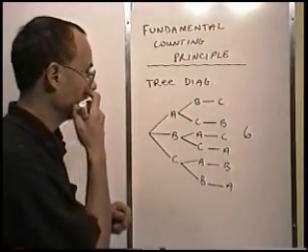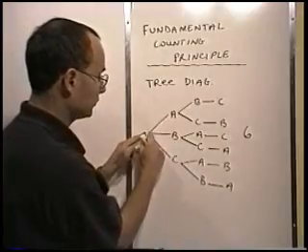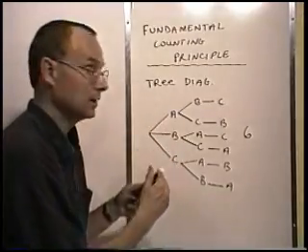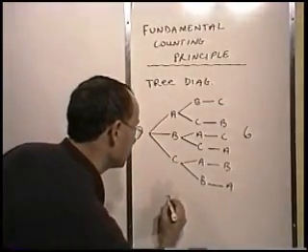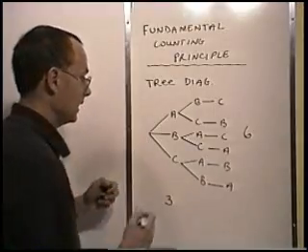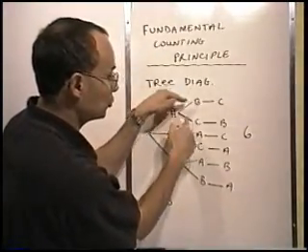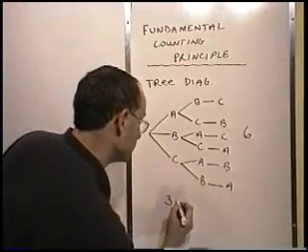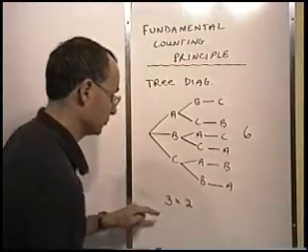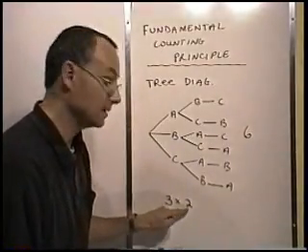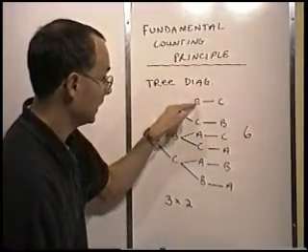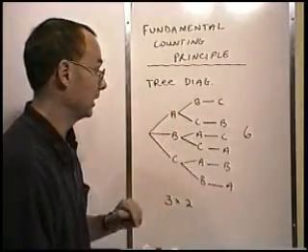It's like saying, how many of these first limbs do I have? Well, I have 3 first branches. And then each one of these splits into 2. So it's like saying 3 times 2, because each one has 2 split branches.